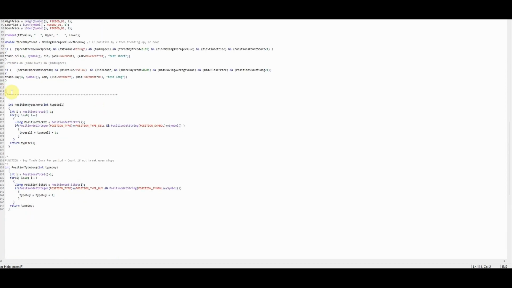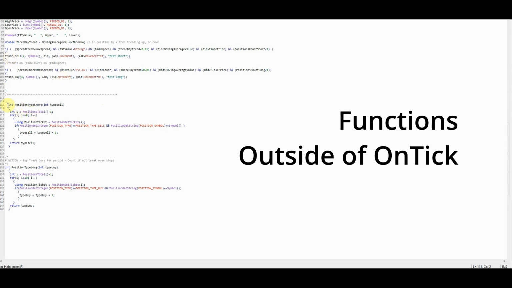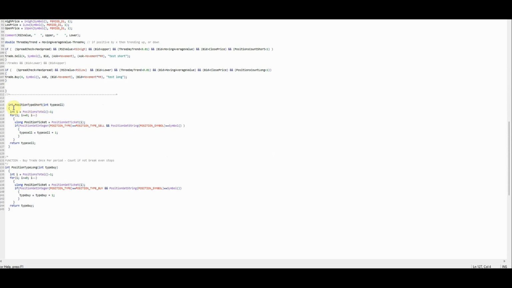That's the final bracket there of the on tick function where all of the trading and everything happens, but we've got some counters outside of that bracket on their own, which is basically counting either a sell position based on the sell type, the position type, and the symbol, and then we put a counter on that, and it adds 1 for every position that it counts in this for loop.